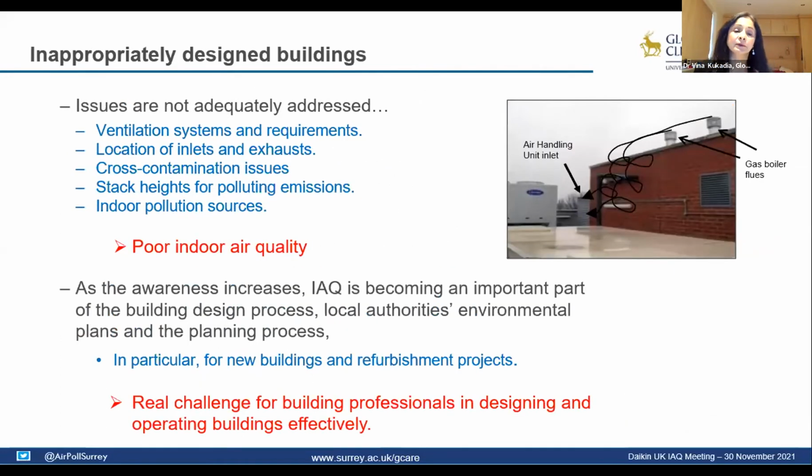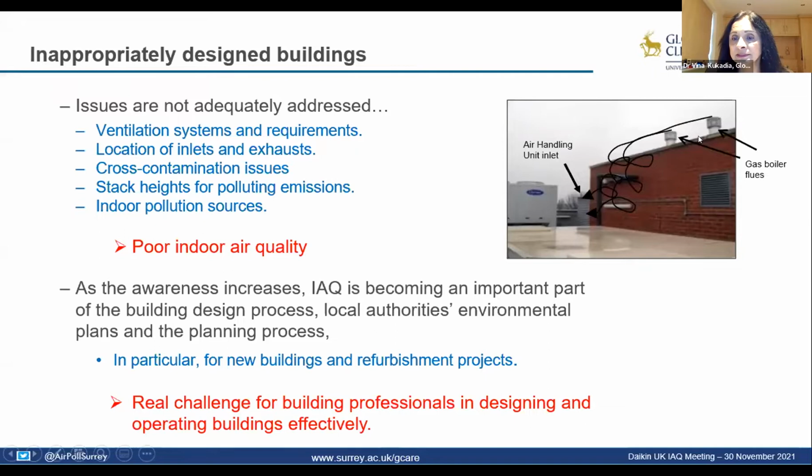Now, we have many from our studies. Often issues are not adequately addressed. So things like, for example, location of inlets and exhausts are not appropriately located, so you get cross-contamination issues. If you see this picture, we've got some gas boiler flues, and under certain wind conditions, you're likely to get ingress into the air handling unit.